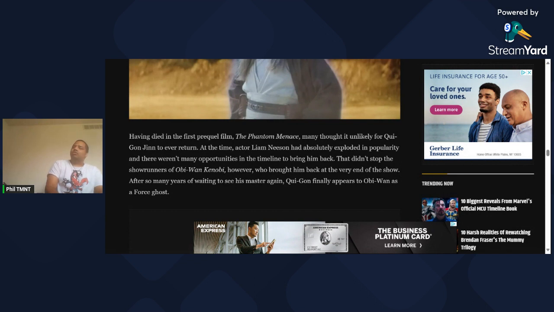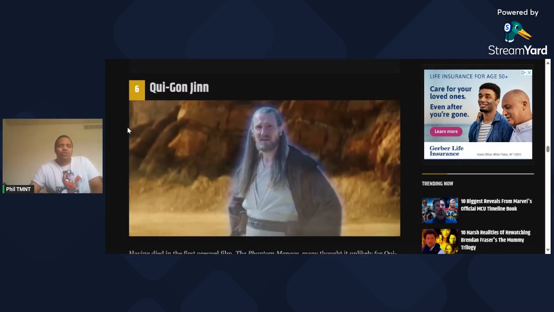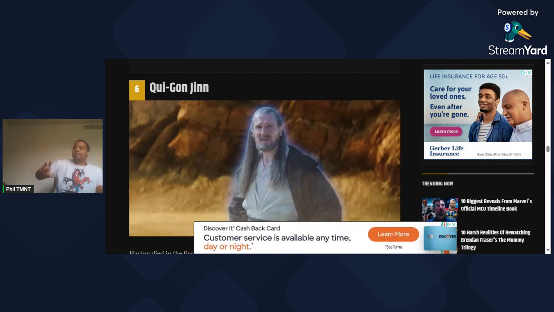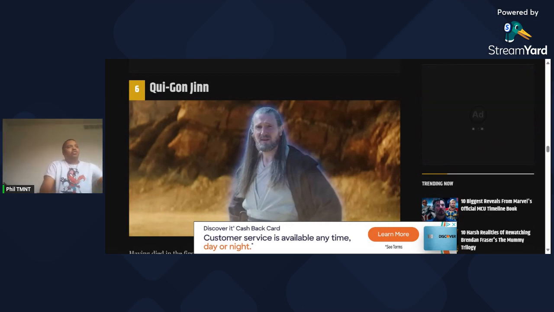Also in Clone Wars, it was established that Qui-Gon couldn't showcase himself visibly like this due to his training being incomplete. And I know what you guys are saying, but Phil, you just said that he showed himself to Obi-Wan in the Mortis arc, to Anakin. That was a bit different. Mortis was extremely strong with the Force, so it was pretty easy for the likes of Qui-Gon to showcase himself visibly to, in that scenario, Anakin and Obi-Wan.